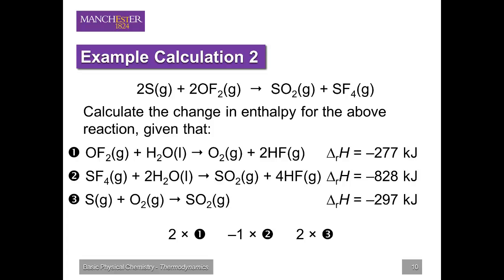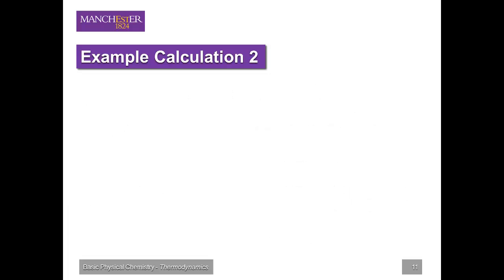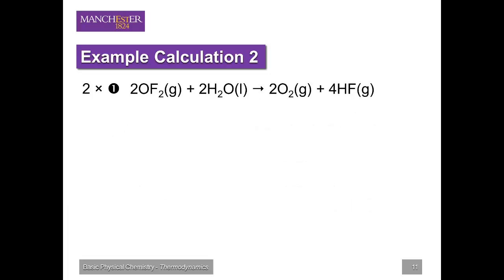Just to prove that this combination of these reactions does actually equal the overall reaction that we're trying to calculate the enthalpy change for, we need to do some reaction arithmetic. So what I've done is I've written the 3 reactions out, but I've multiplied their coefficients by the numbers that we just calculated.